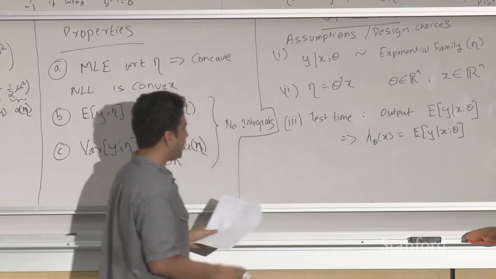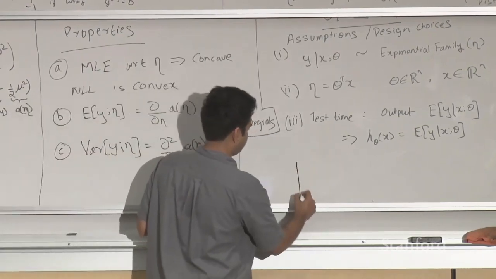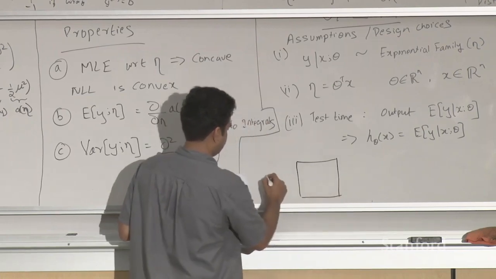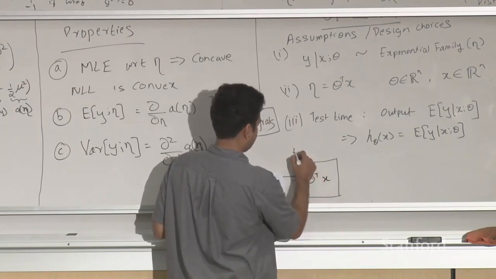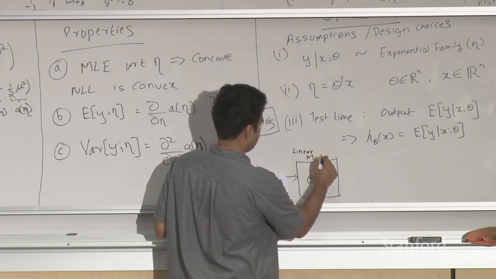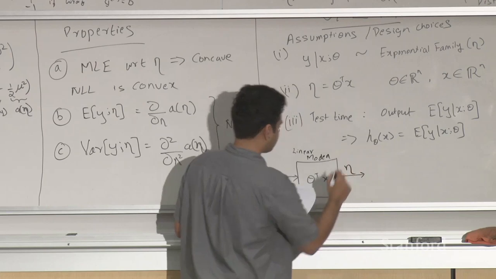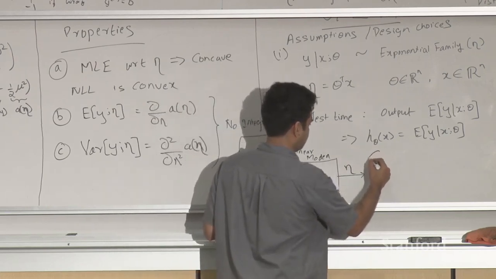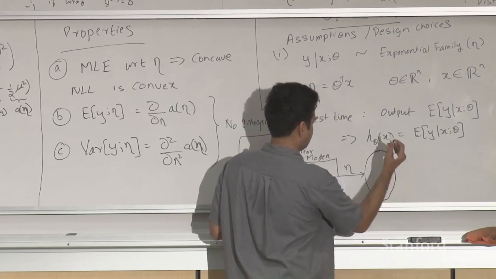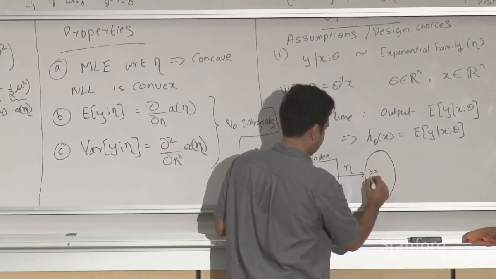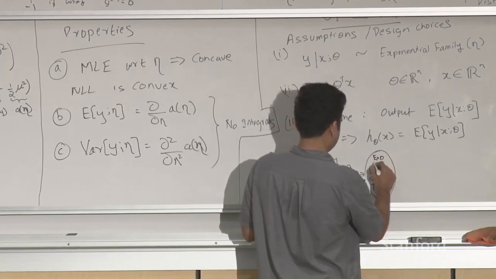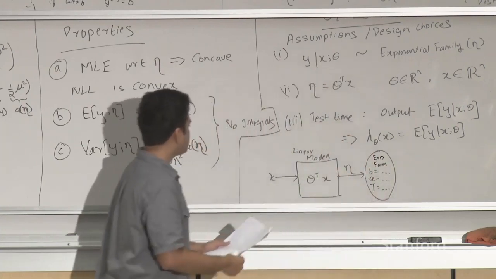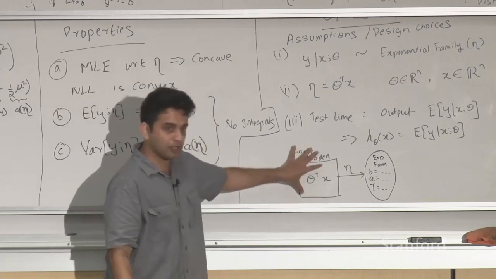So one way to think of this is there is a model and there is a distribution.